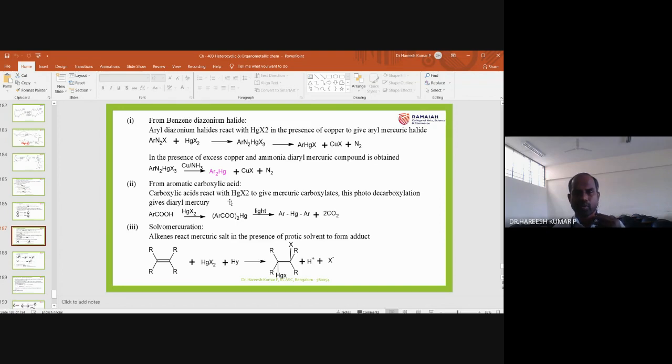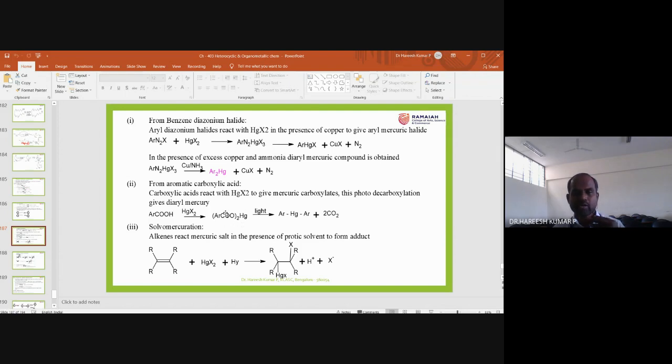Diaryl mercury is an organomercury compound. One more method of preparation of organomercury compounds starts with carboxylic acid, more particularly aromatic carboxylic acid. When aromatic carboxylic acid is treated with mercuric halide, it gives mercuric carboxylate.